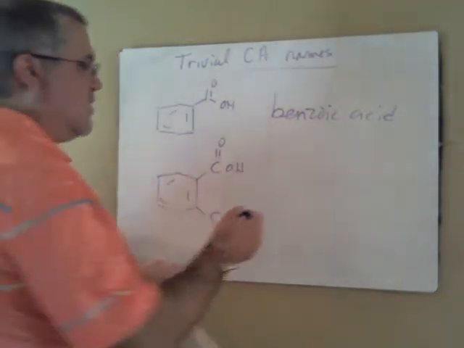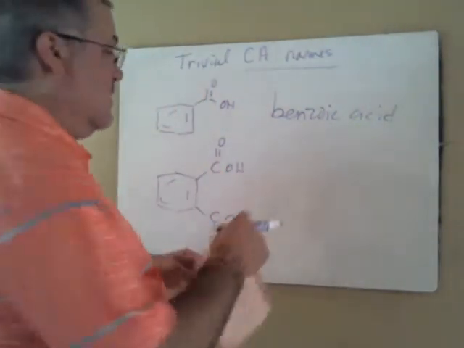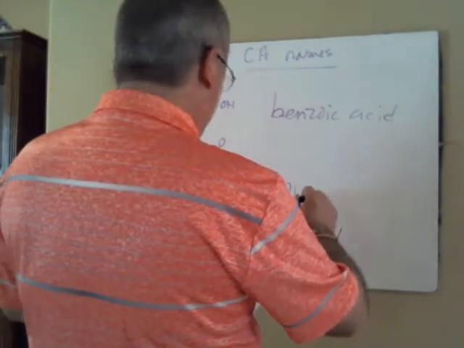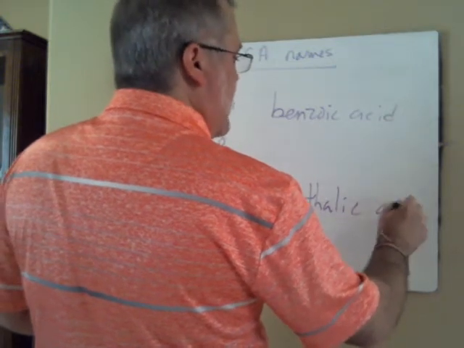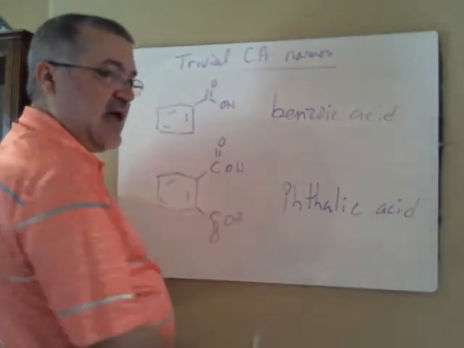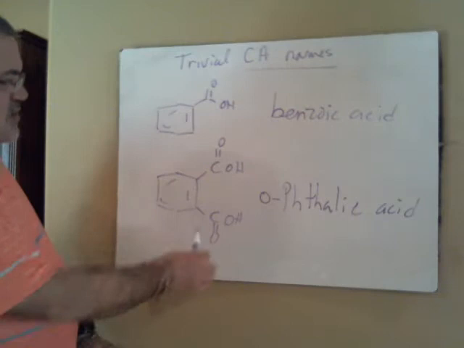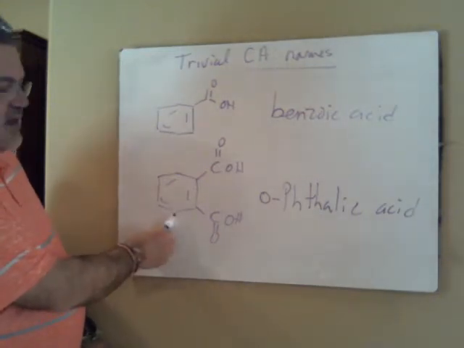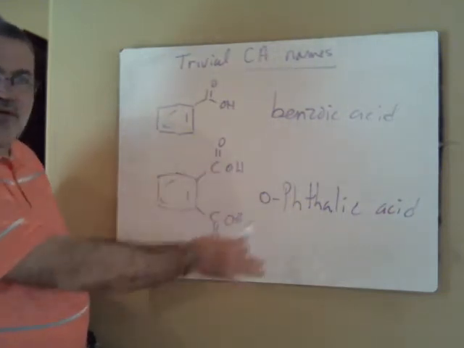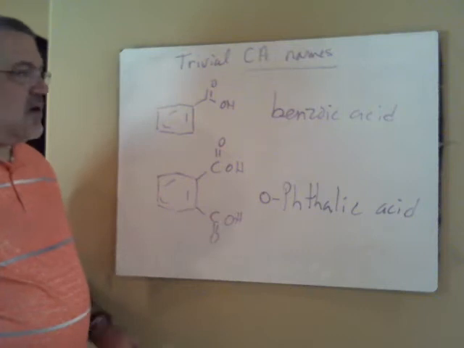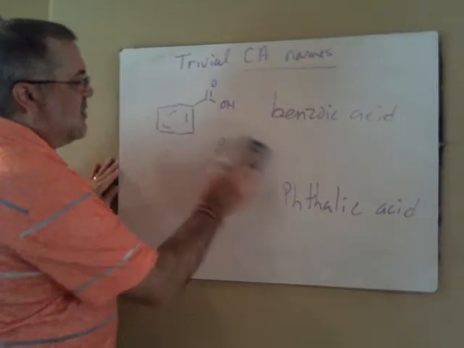It was one of the compounds we used when we were doing melting points and TLCs and all this. It's called, I have to make sure I'm spelling it right, phthalic acid. And this happens to be orthophthalic acid, but you could also have metaphthalic acid or paraphthalic acid, depending on how these two carboxyl groups are associated on the ring. Okay, so these are the trivial carboxylic acid names I expect you to know.